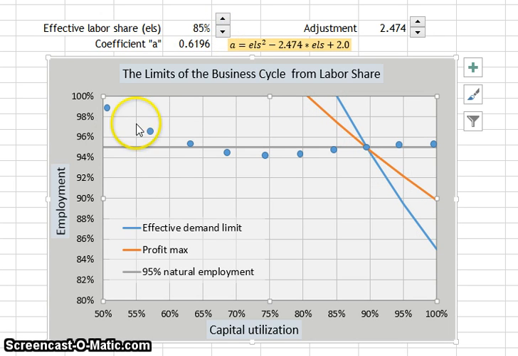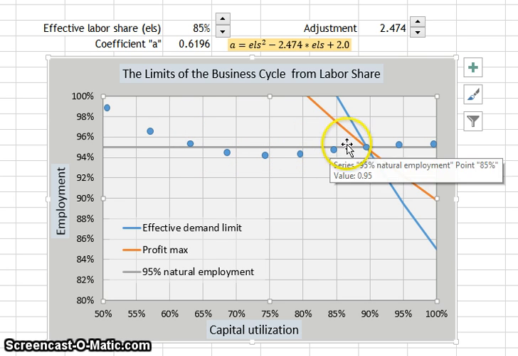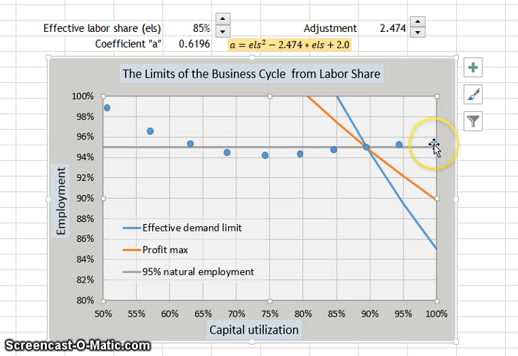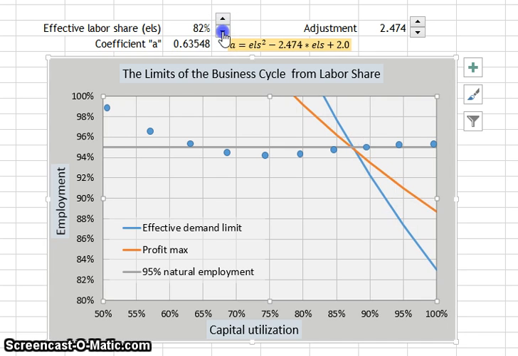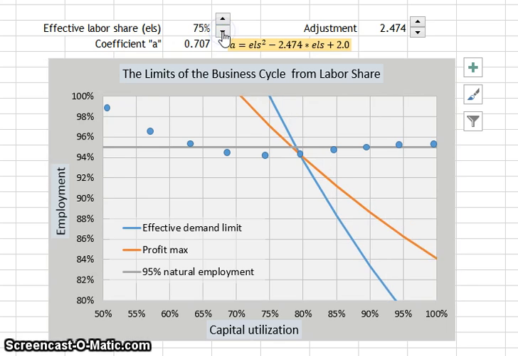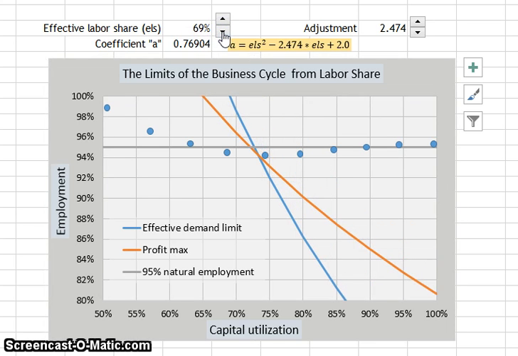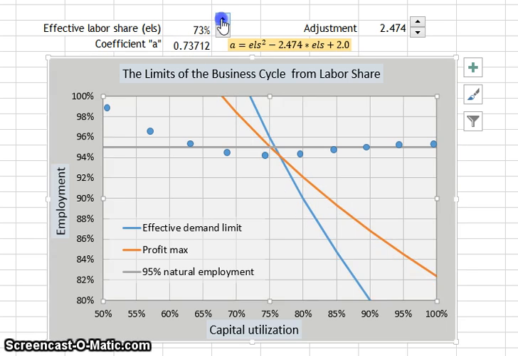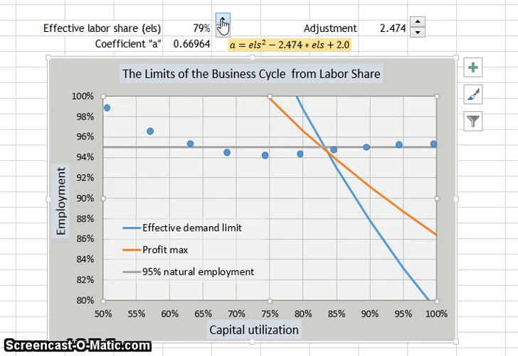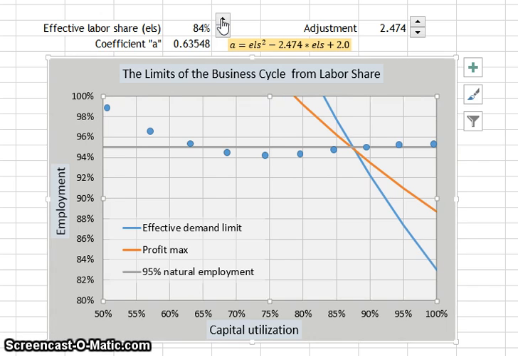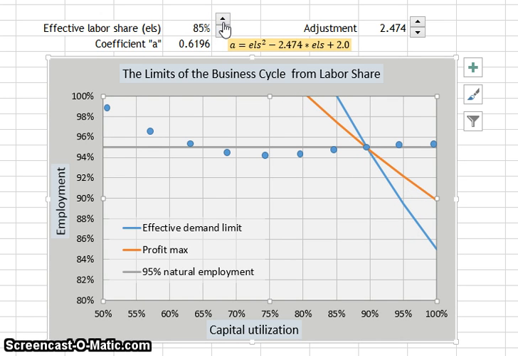The natural employment level stabilizes out at around 95%. So a country like China has an argument not to pay the workers more. It'll cause unemployment. But if they keep raising it, the unemployment will stabilize back out at 95% employment, 5% unemployment. It's tough going back and forth between those two.